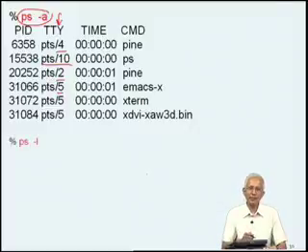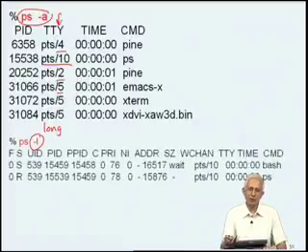I could actually type in ps -l, and this is asking for a long listing, which will give a lot more information. For example, when I type ps -l, I get a long listing about the processes associated with me, and there are many more fields.